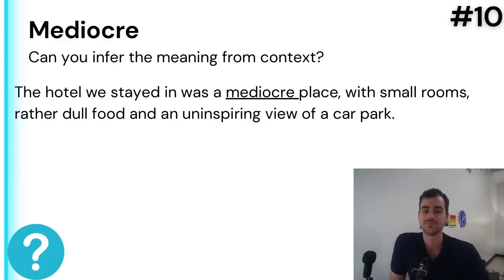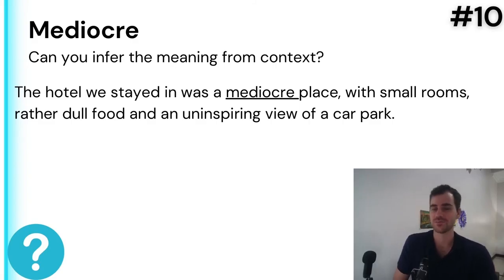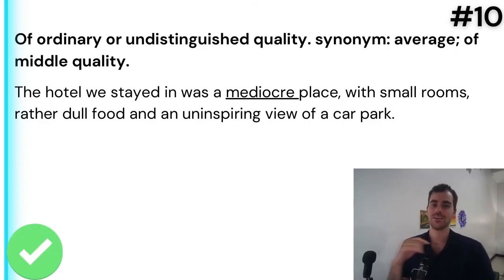It was small, the food was not good, and it had a bad view. So we cannot say it was a beautiful place. It was not a pretty place. It was a mediocre place. Of ordinary or undistinguished quality. Synonym, average. Mediocre hotel.